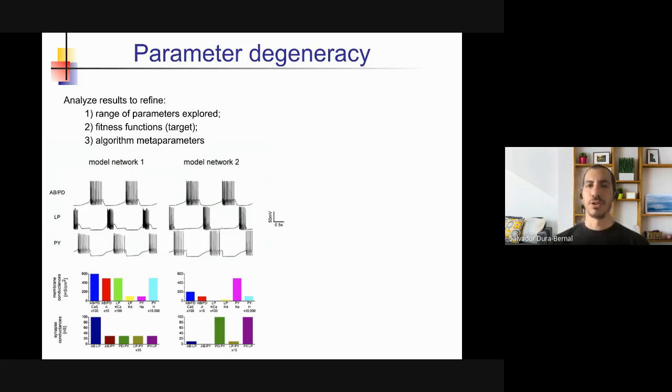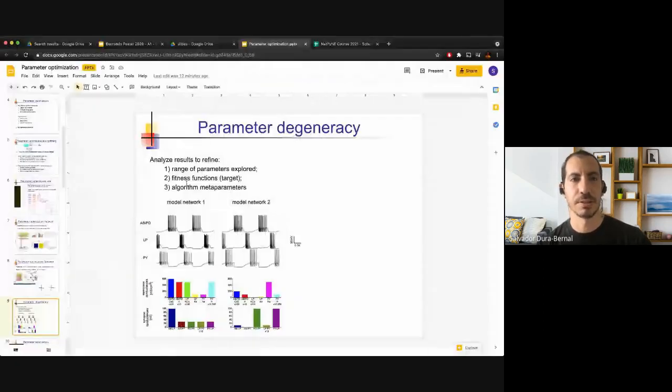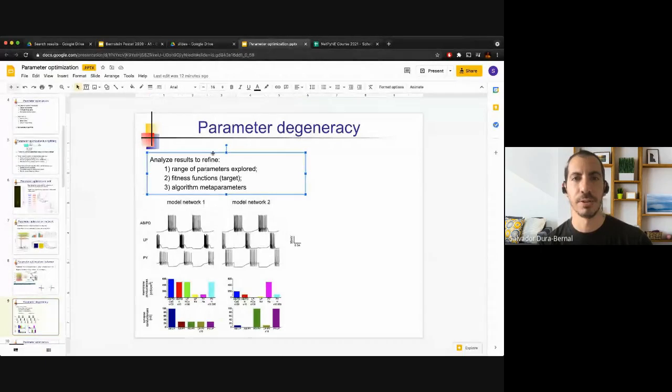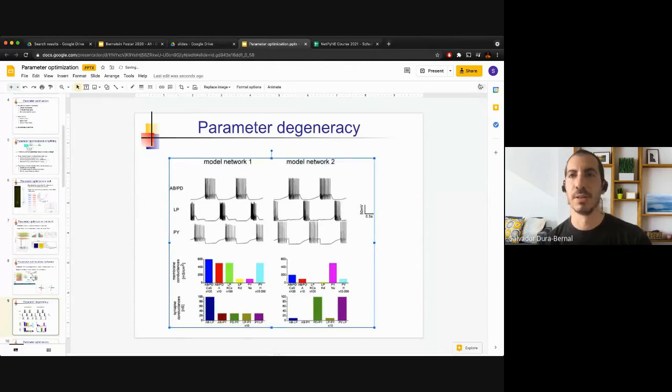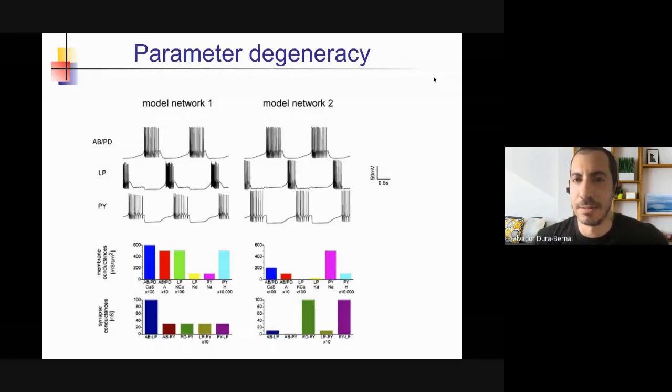Okay, so I wanted to mention quite an important aspect here, which is this idea of parameter degeneracy. Sorry, this doesn't fit here. I forgot to update this. But essentially, this is a famous set of results from Eve Marder, where she showed that the same network dynamics could be obtained with many different parameter variations.